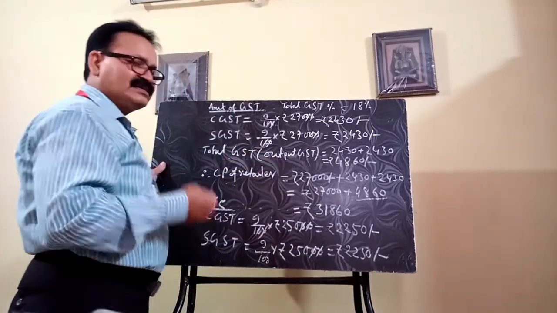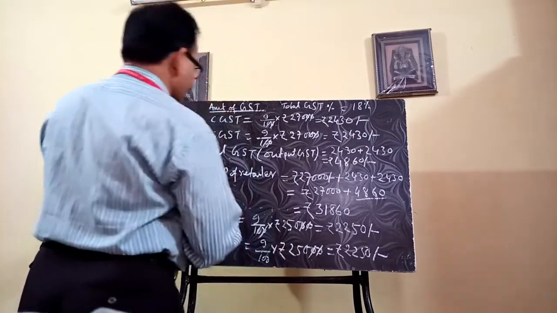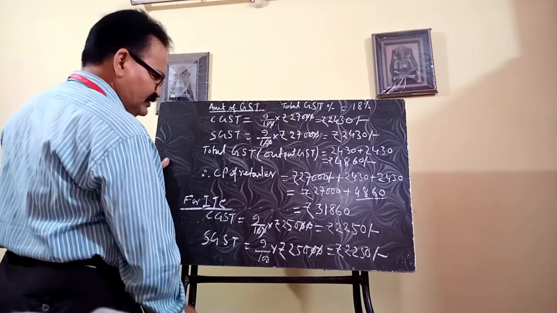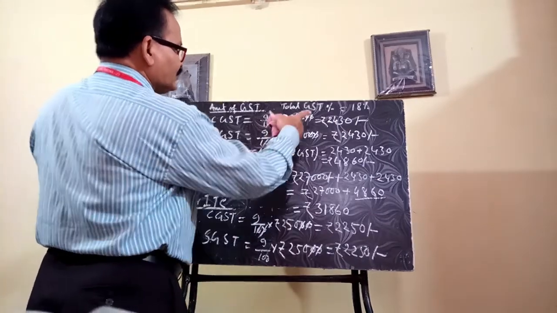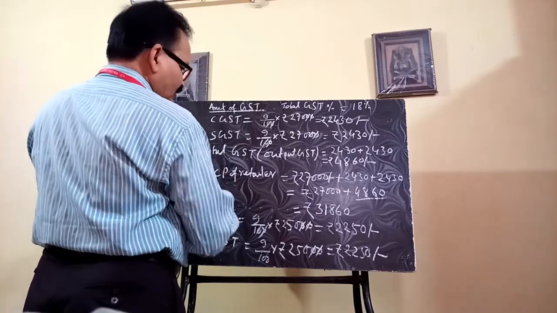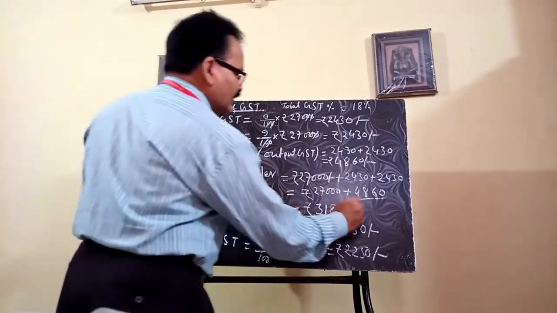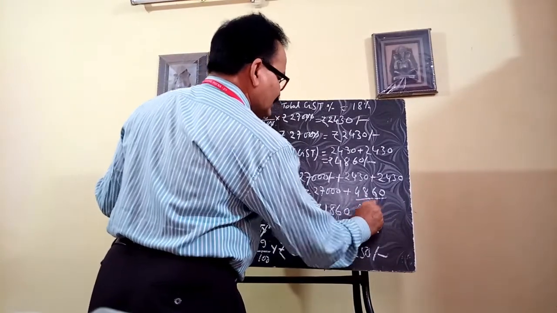So the wholesaler has to pay the difference. Keep in mind this data, one is 2430, and the CP of the retailer is also one of the answers.